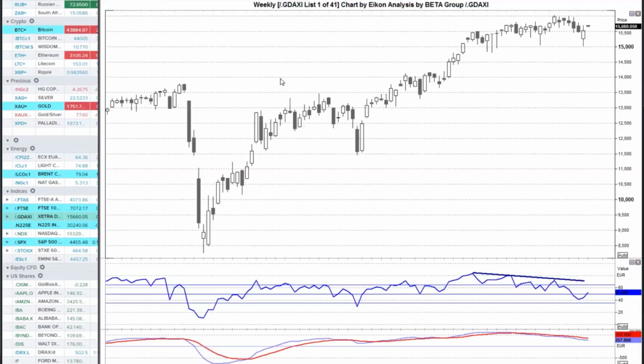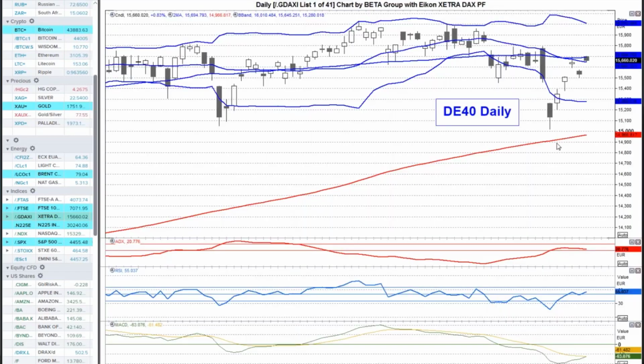The weekly chart, just to remind you, the MACD has been bearish for a couple of months now, and we're still bearish. It has bounced well, bounced into resistance. It's going to be hard to make progress. I think the chances of this topping out are quite good too, although it shows less sign of it than some of the other indices.